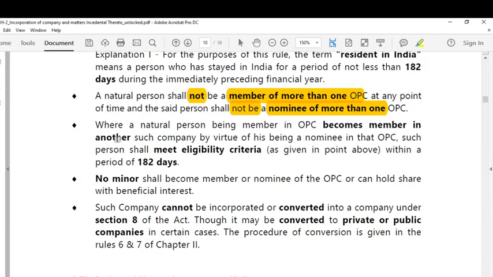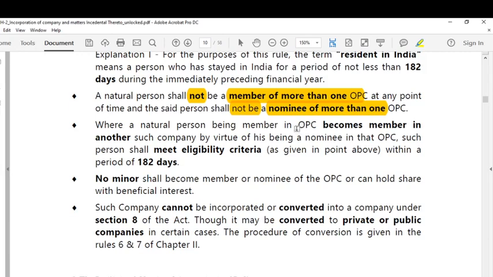Where a natural person, the next point says that where a natural person being a member in OPC becomes a member in another, by virtue of his being the nominee in that OPC, such person shall meet the eligibility criteria within a period of 182 days. So this is a situation. Say for example, if there is a person who is a member of a company OPC, and if he is also a nominee of another OPC, and if the member of that other OPC dies or becomes incompetent to contract, then automatically the nominee of that other OPC will become the member.